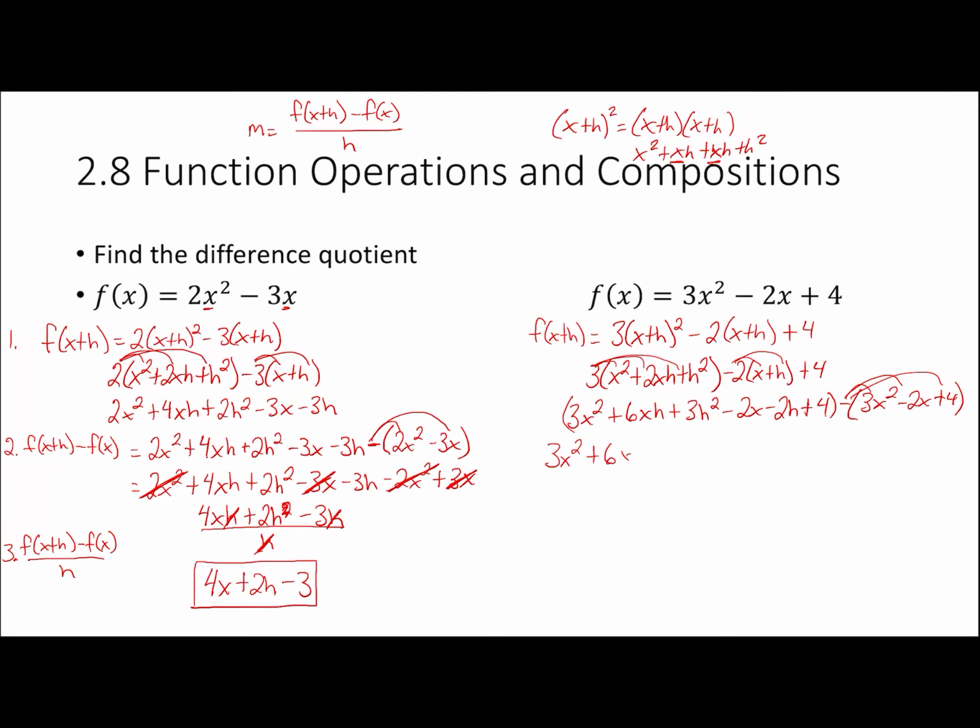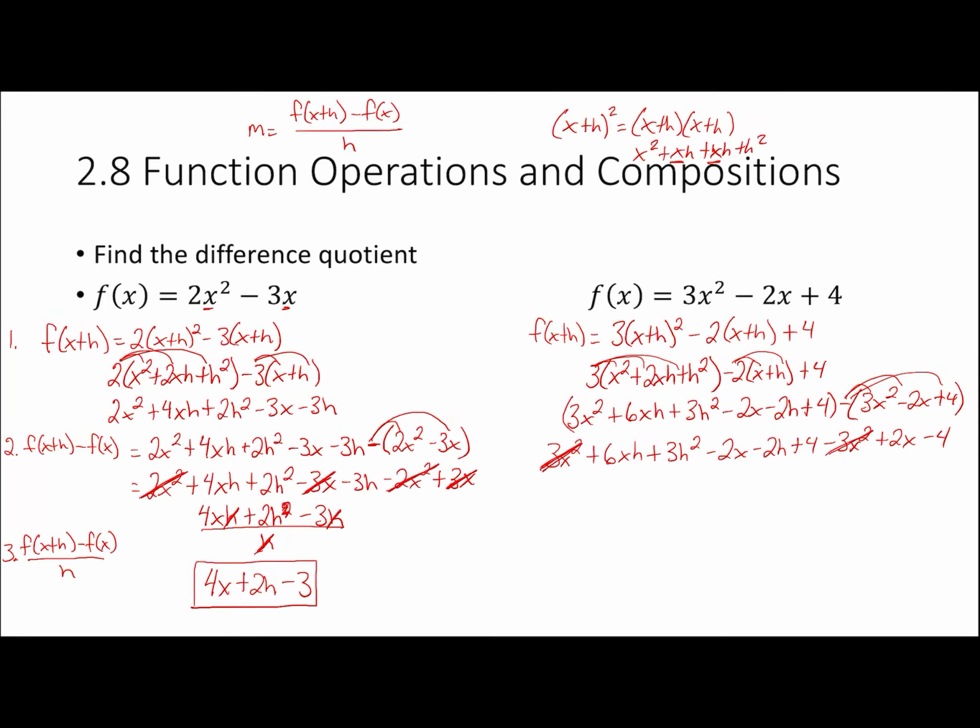Now, again, this negative needs to get distributed. And so we'll do that. So we got 3x squared plus 6xh plus 3h squared minus 2x minus 2h plus 4. So all of that stuff staying the way it is. But then here's where we change our sign. So when we distribute the negative, we have negative 3x squared plus 2x minus 4.